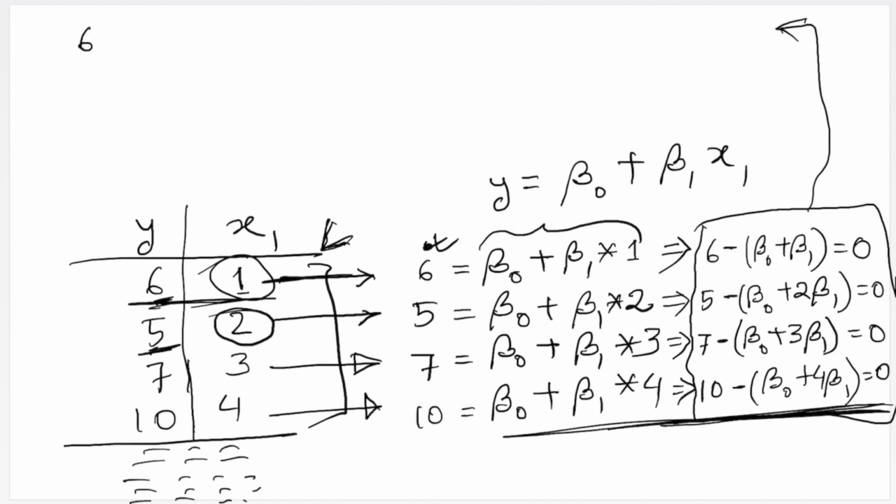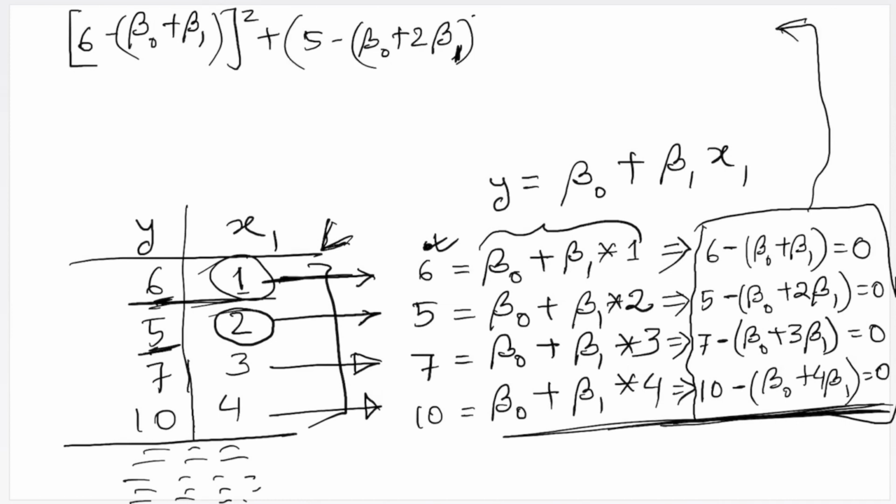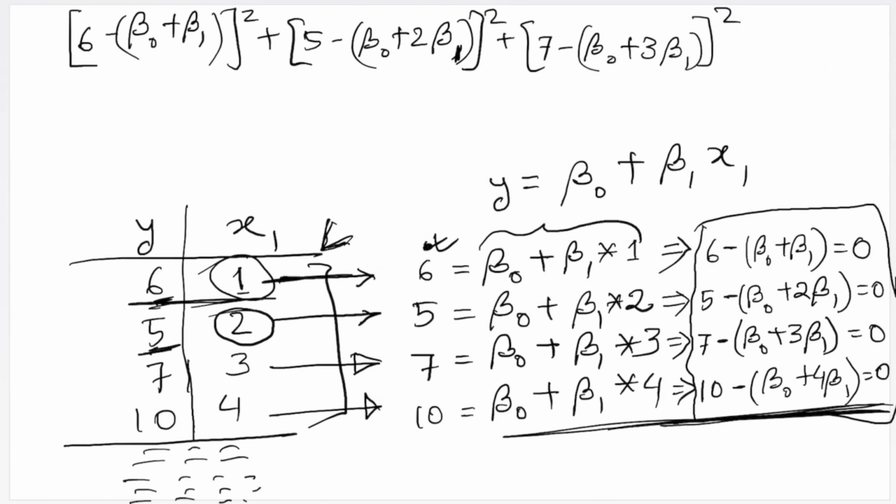As a result, we will have (6 minus (beta naught plus beta 1)) squared, plus (5 minus (beta naught plus 2 beta 1)) squared, then the third equation would be (7 minus (beta naught plus 3 beta 1)) squared, plus (10 minus (beta naught plus 4 beta 1)) squared, and the entire summation would be equal to 0, because in the right side you will have 0 square plus 0 square plus 0 square plus 0 square.